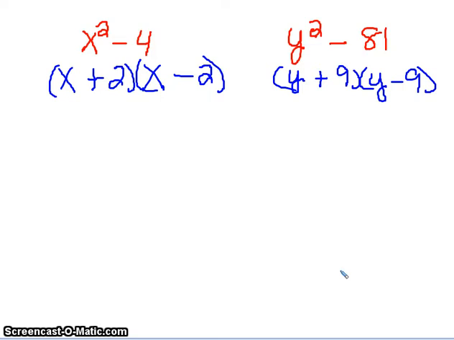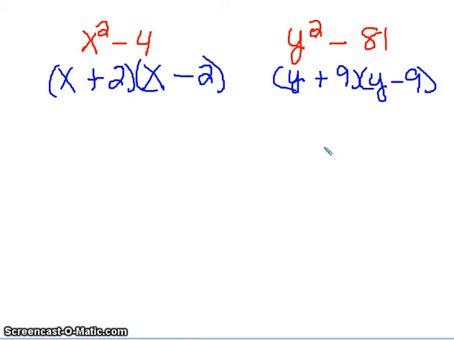And how can I check myself? Multiply the y together and the y together. Okay, we can't just multiply the y's and the 9's together because how do we multiply?